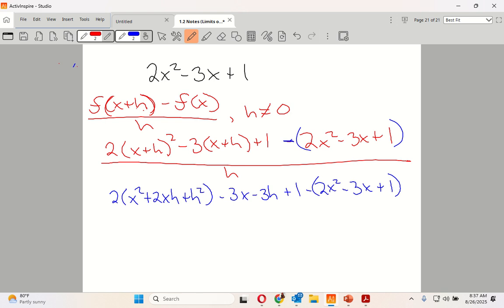All right, so I'm going to distribute over here on the front and just continue. So don't forget about the h in the bottom. I'm just doing everything that's on the top right now.